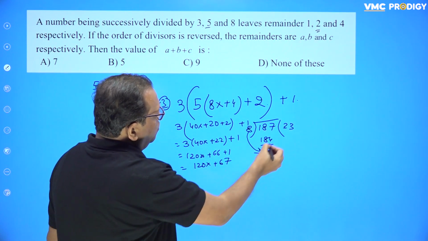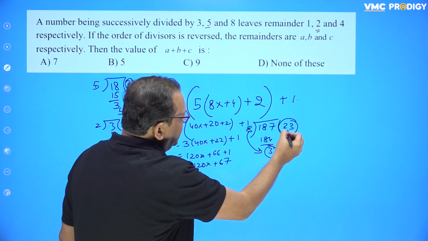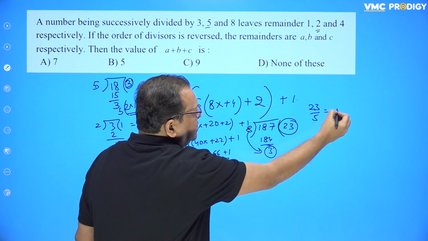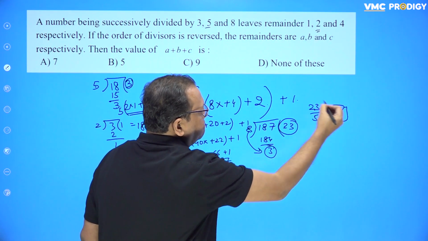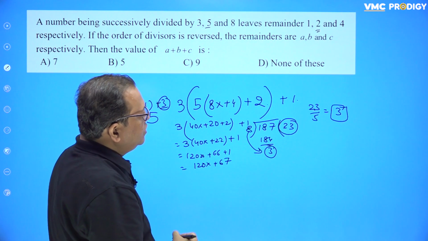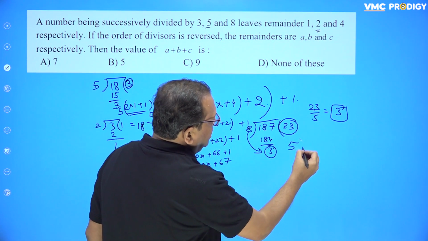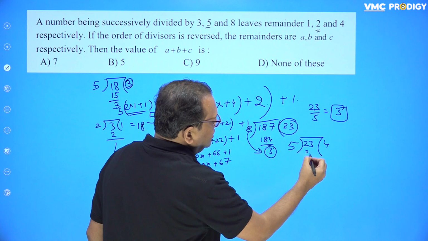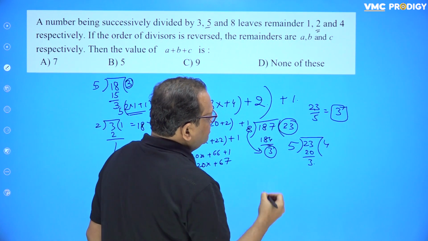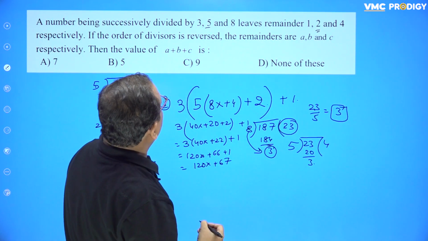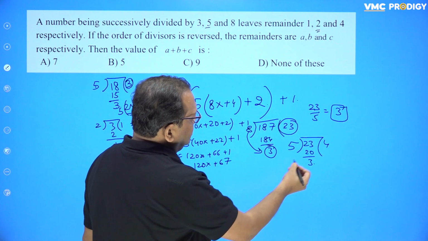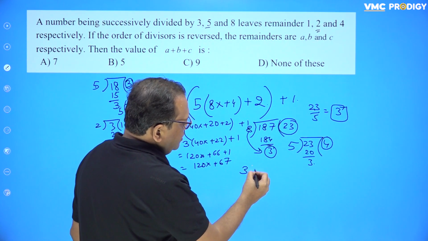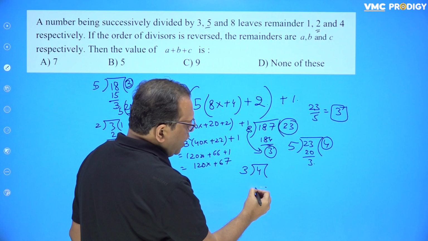Then when 23 is divided by 5, what is the remainder? The remainder is 3. So 5 4s are 20 and 3 is the remainder. And when this 4 is divided by 3, the remainder is 1.